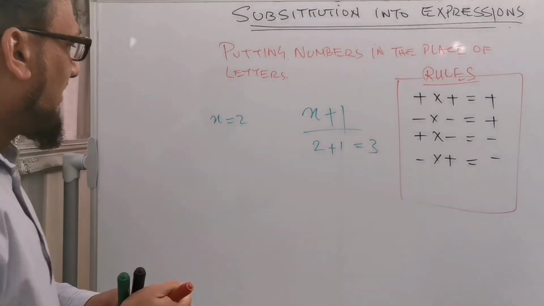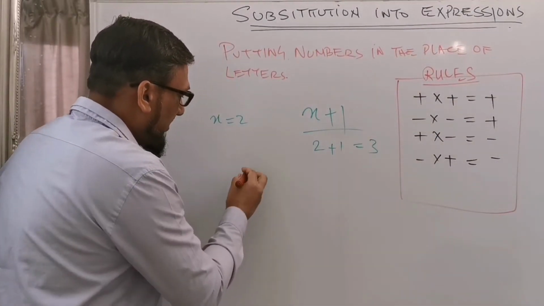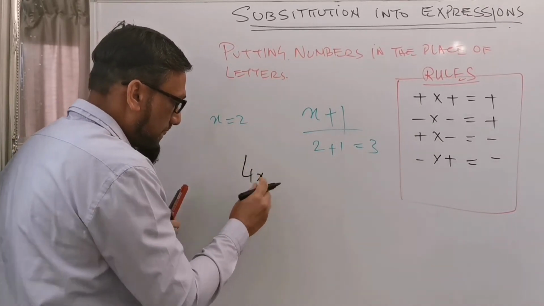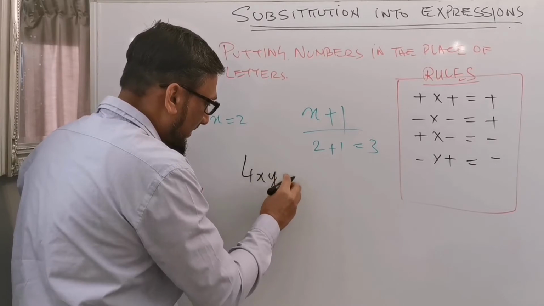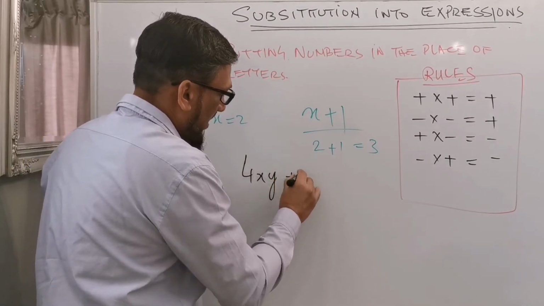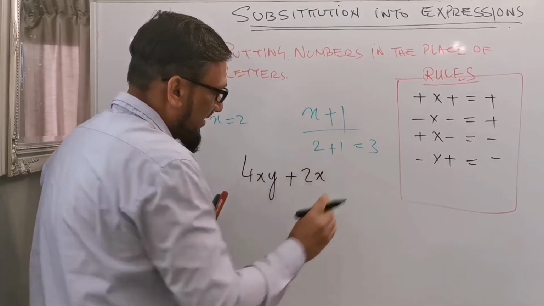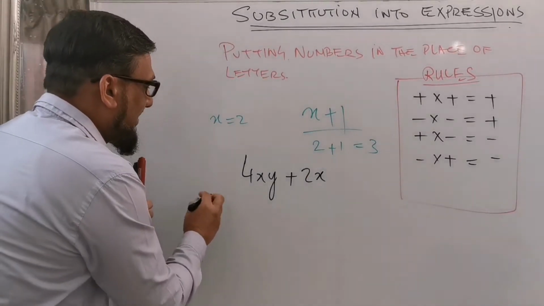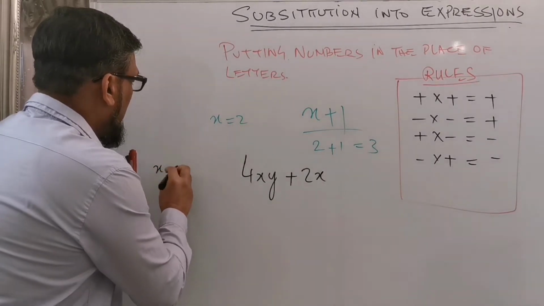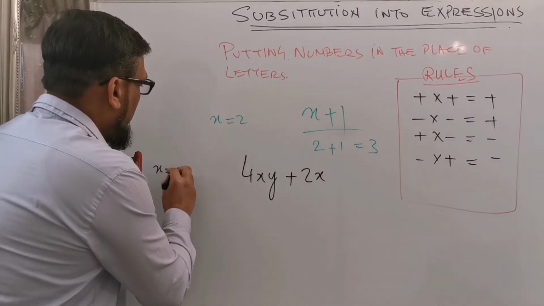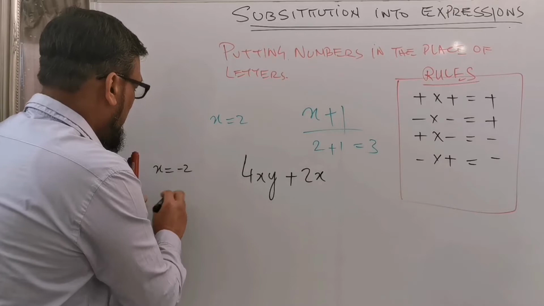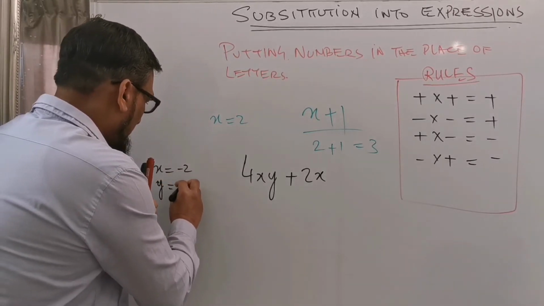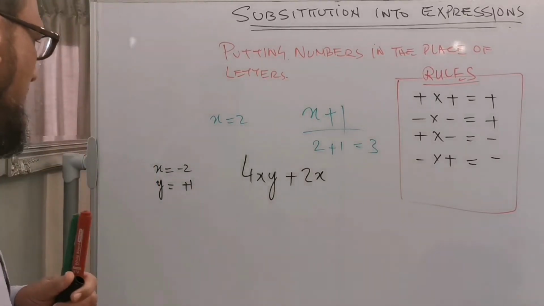For example, if I give you the expression 4xy plus 2x, the value of x is given as x equal to minus 2 and y equal to plus 1.